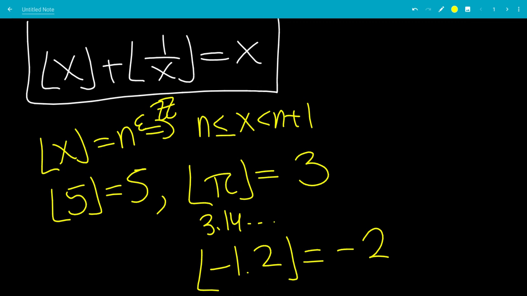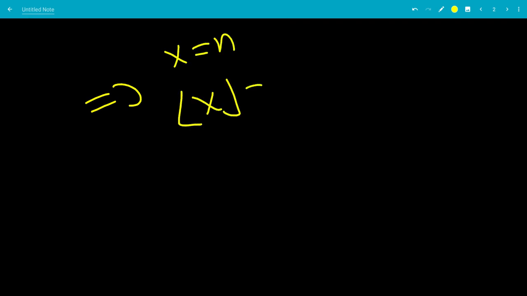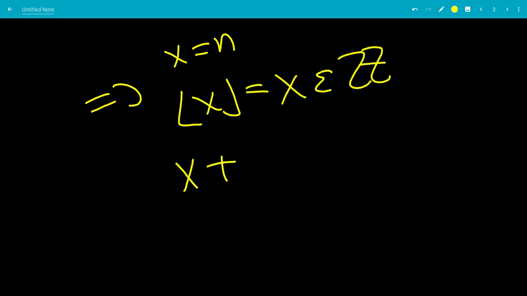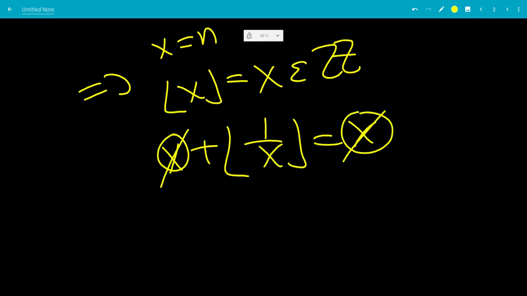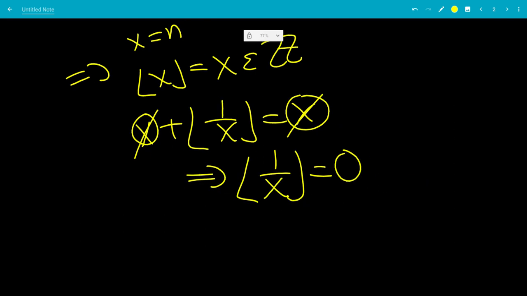So let's look at the case where x equals n, which is an integer. So x equals n implies that the floor of x equals x, which is an integer. So plugging this into the original, you get x plus the floor of 1 over x equals x. And you see that the x's can cancel on both sides, so this means that the floor of 1 over x equals 0.